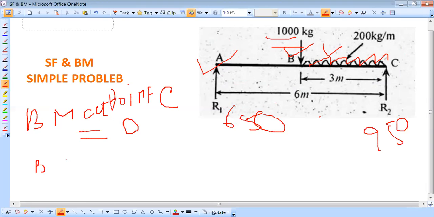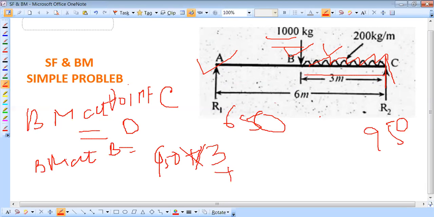Then BM at B: 950 upward, with a distance of 3, plus again the UDL force, total load 600 because of 200 kg per meter and 3 meters, into a distance of 1.5, taken from here to here.